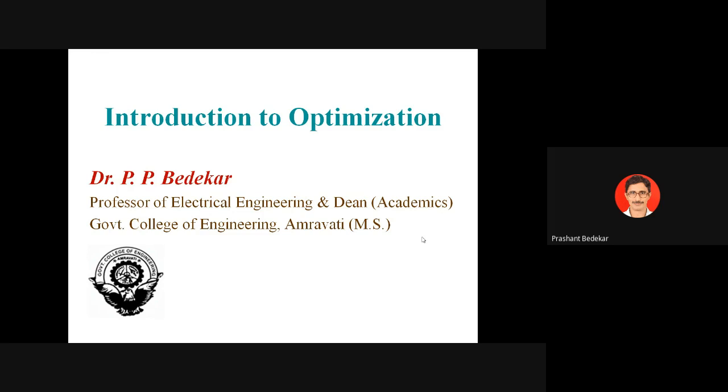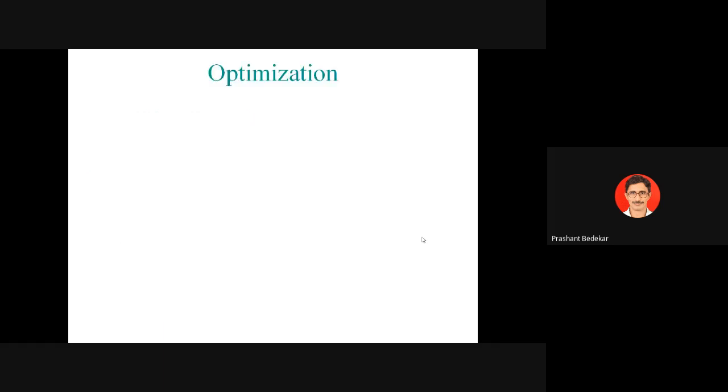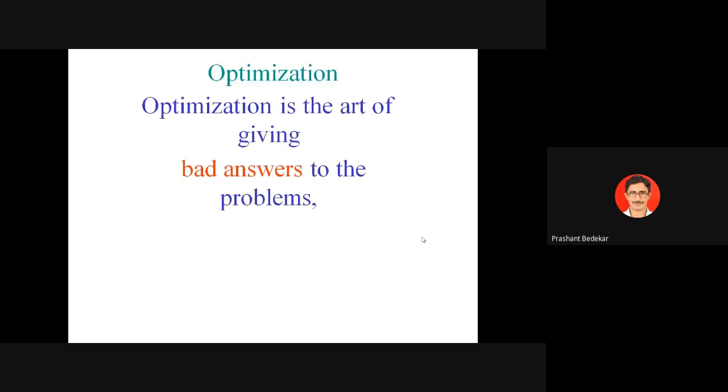Let's define optimization. We'll begin with a funny definition just to create an interest in optimization. What is optimization? Just read this definition. Optimization is the art of giving bad answers to the problems.